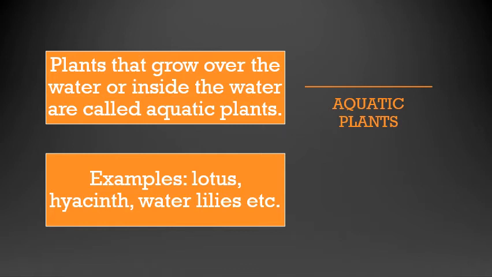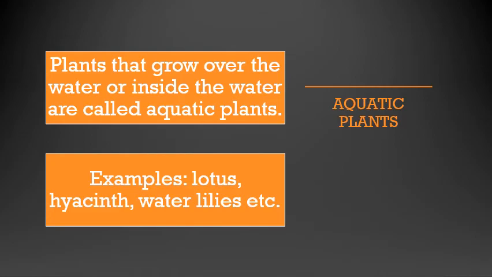These plants are special because they grow in the water. The examples of aquatic plants that you have to remember are lotus, hyacinth, water lilies, etc. These three are good examples of plants that live in the water.